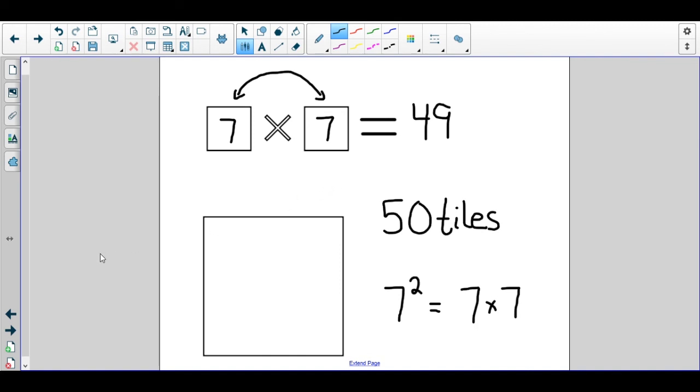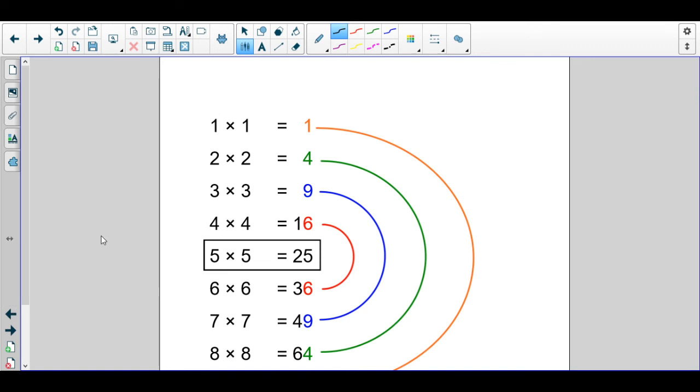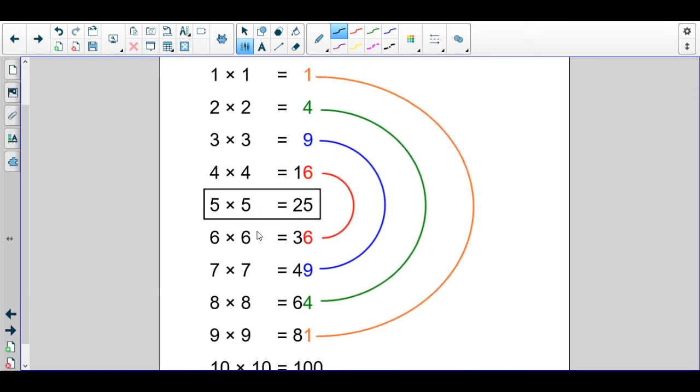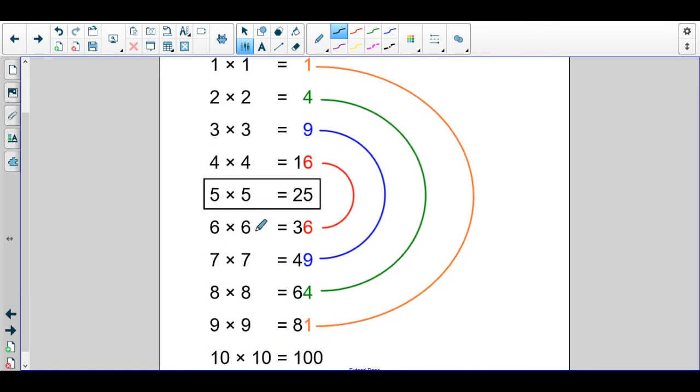So the next part of your memorization of multiplication facts is just to simply sit down and memorize these numbers. 1, 4, 9, 16, 25, 36, 49, 64, 81, 100.